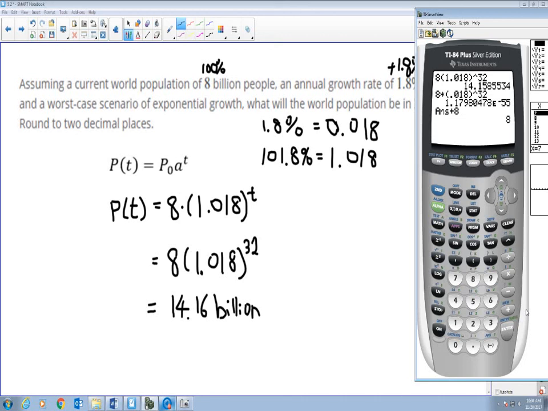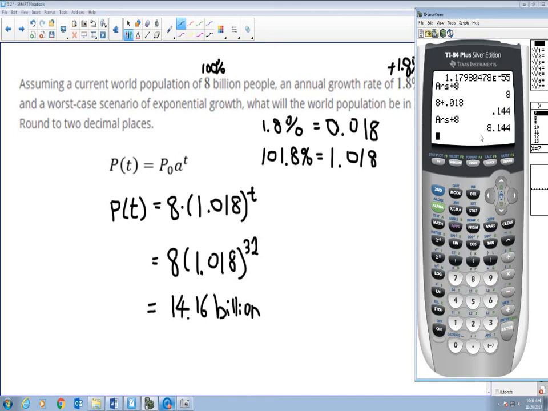what makes sense is 8 times 0.018 to the first power. After 1 year, this is the growth, plus 8. So after 1 year will be 8.144 billion people.